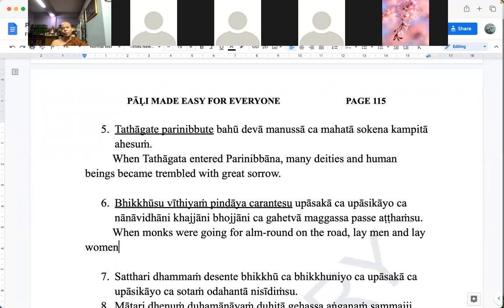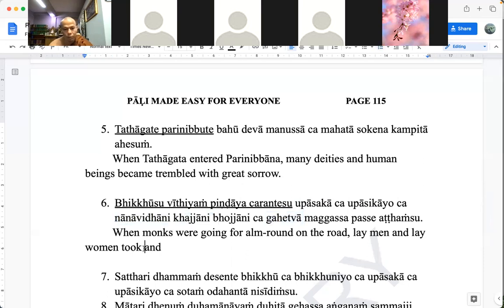So Ubasakaja, Ubasikayoja, lay men and lay women, or maybe lay devotees, lay male devotees and female devotees also. Ubasaka, Ubasika. And then here the verb is kahitawa. Kahitawa is from Jaran. So took. So took what? The object is Nana Vidani, Kejani, Bojani. That is the object for the kahitawa.